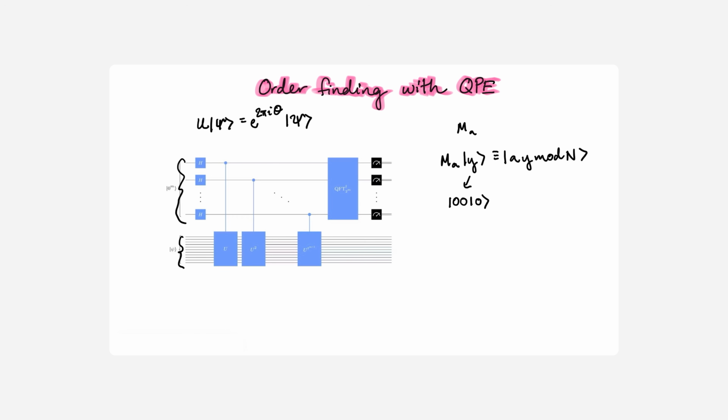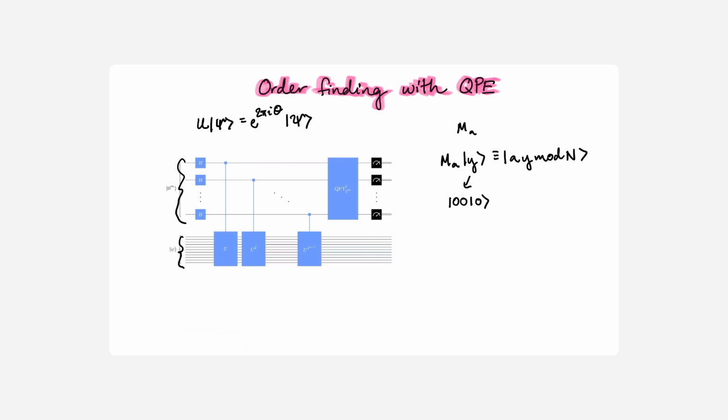Now we need to figure out an eigenstate of this unitary. If we started in the state 1, we can see that each successive application of M will multiply the state of our register by a mod n, and after r applications, we'll arrive back at the state 1, remembering that r is the order of the function.